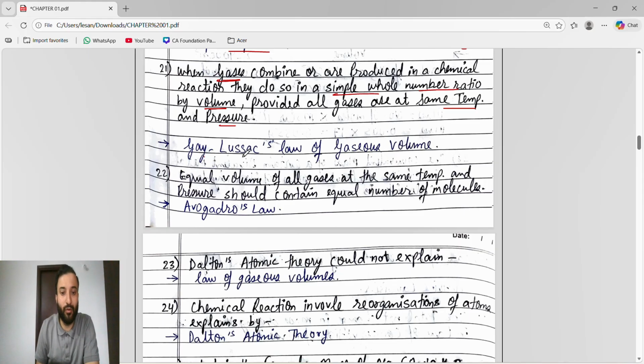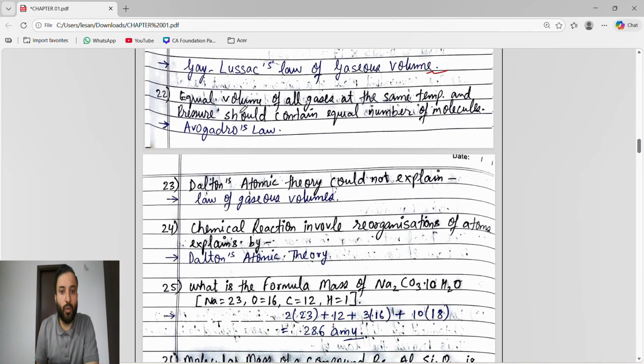Yes, Gay-Lussac's law of gaseous volume. It talks about gas, and all should be in the simplest whole number ratio, provided all gases are at the same temperature and pressure, STP. Equal volume of all gases at the same temperature and pressure should contain an equal number of molecules. That is Avogadro's law.